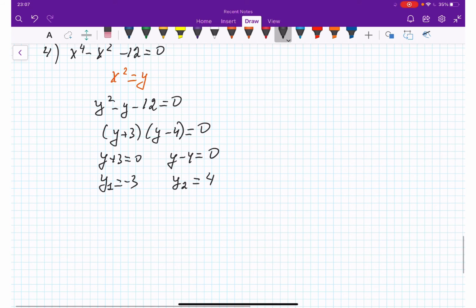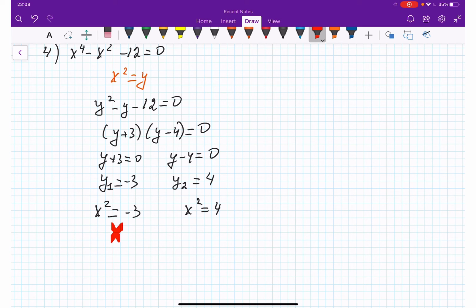So bringing back the substitution, reversing, we are getting x squared is equal negative 3 or x squared equal 4. So x squared equal negative 3 doesn't have a solution because the square of any number cannot be equal to a negative.